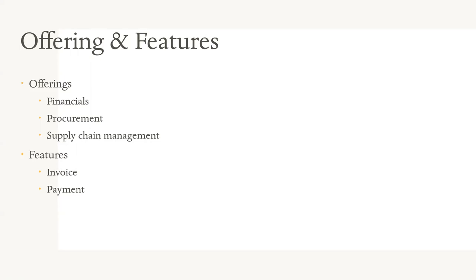This is the difference between offerings and features: offering is global, such as financials or procurement, whereas feature is an individual functionality, such as invoice or payment, invoice entry, payment entry or the PPR. Similar to this. Okay.